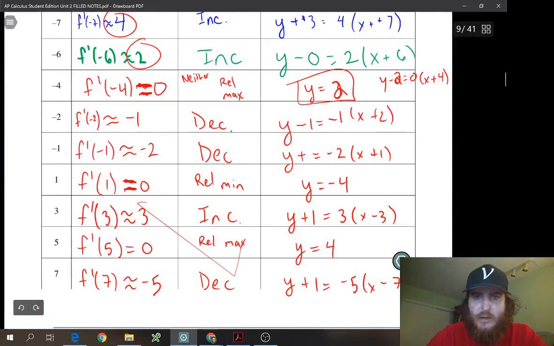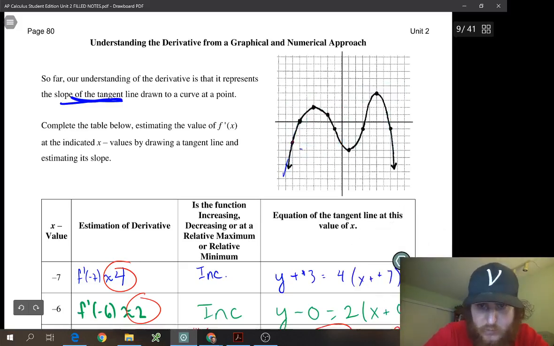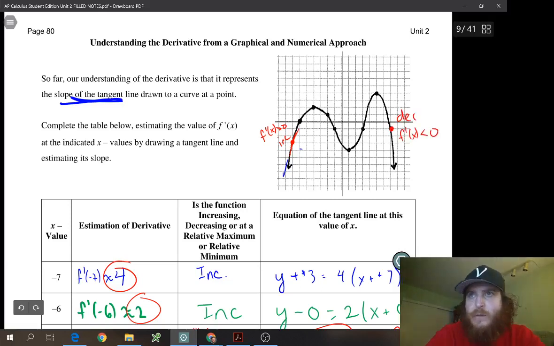So when we look at this, at any one point, we should be able to tell is the graph increasing or decreasing there. So, at this first point, our graph is increasing, right? We're reading from left to right. From left to right, we're going up. So that means that our slope is positive. Whereas over here, on this last point, going from left to right, we're decreasing. So that means that our slope was negative.